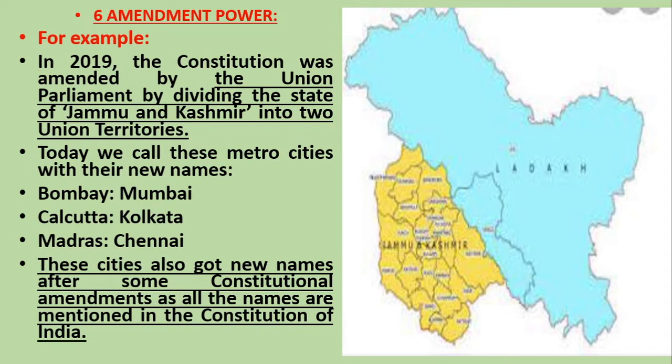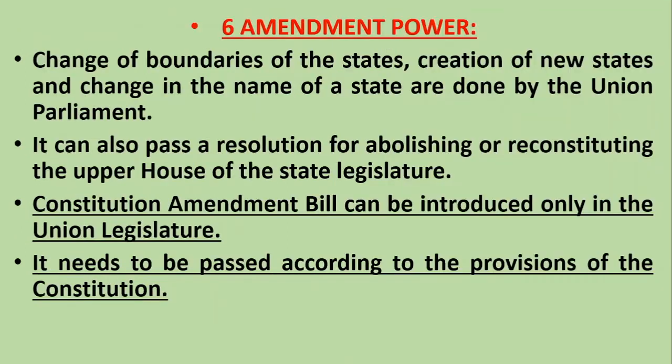And whenever a change is done in the Constitution, we call it an amendment. So, change of boundaries of states, creation of new states, and change in the name of a state are done by the Union Parliament. Here, the state legislatures cannot make any amendment to the Constitution. They can't initiate, they can't start any change.